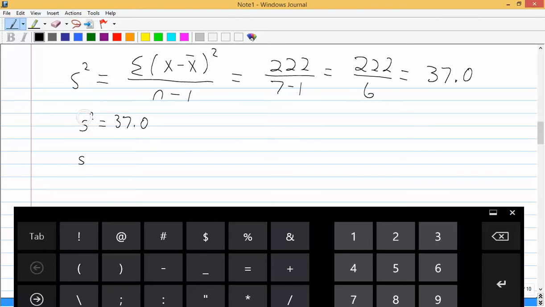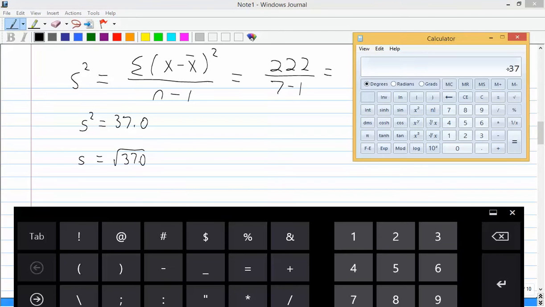The same way you would get from S squared to S is the same way you go from the variance to the standard deviation. You take the square root of the variance to get the standard deviation. So let's do that in a calculator. 37.0, and here's the square root button in the Windows calculator.